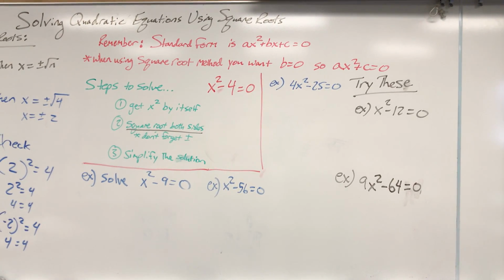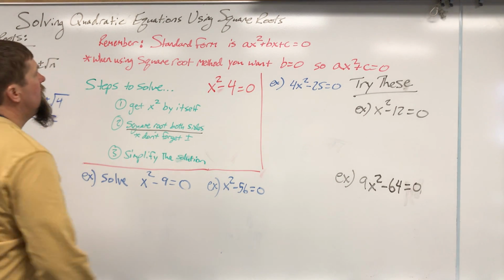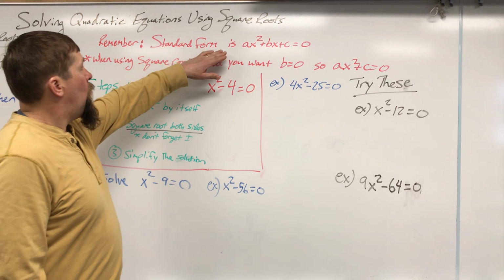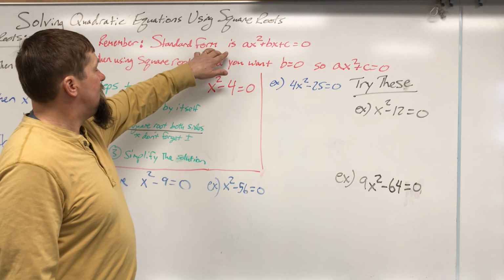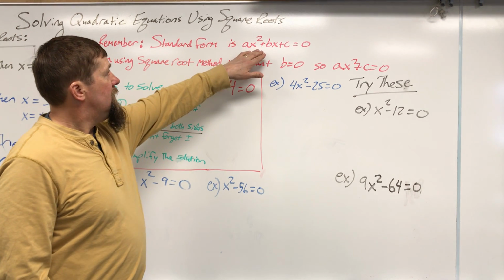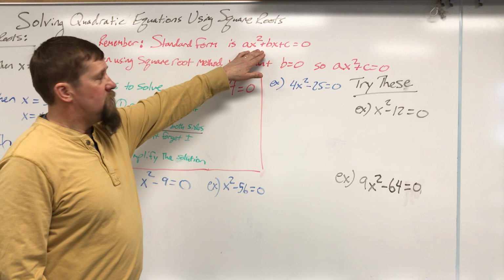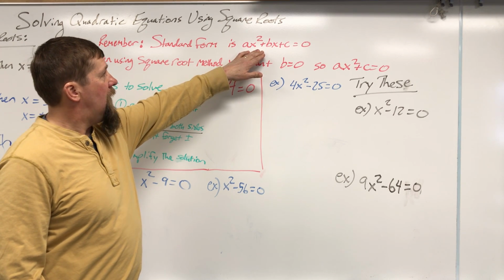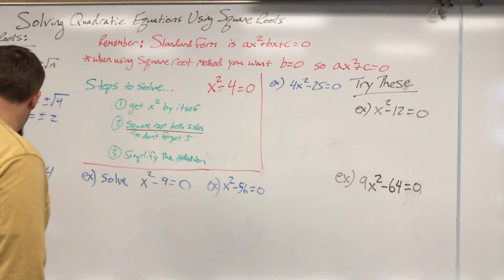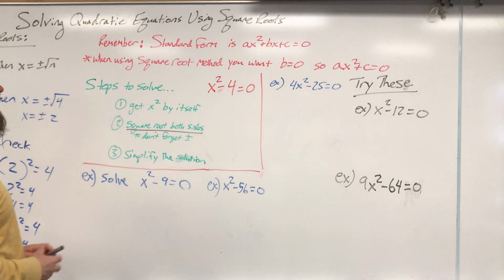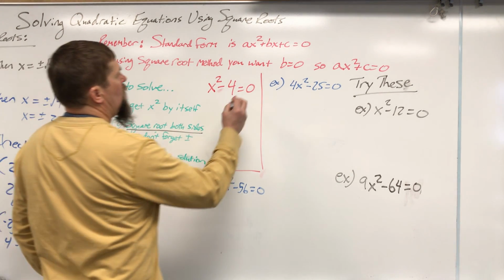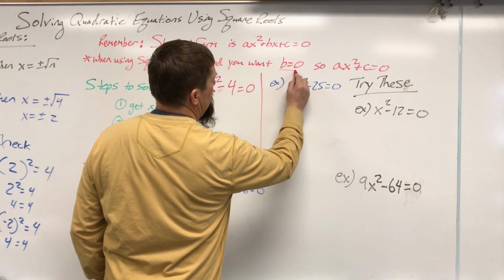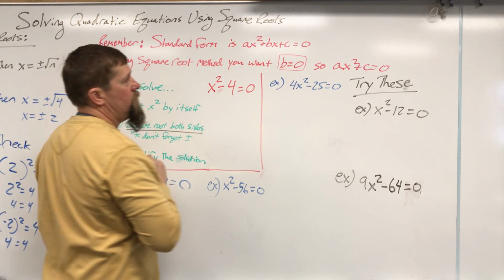For the steps to solving a quadratic equation using square roots, we want to remind you what standard form is. ax squared plus bx equals c is standard form. However, when you are using square roots to solve an equation, b is equal to 0.